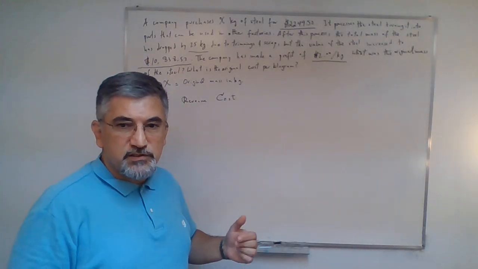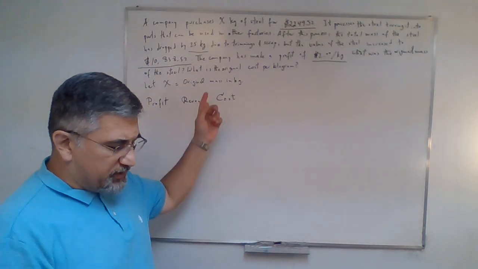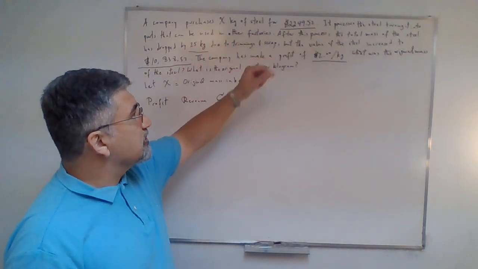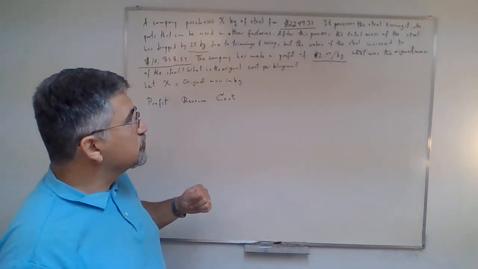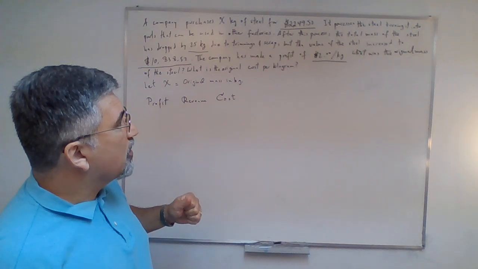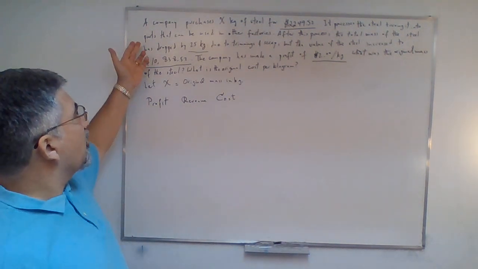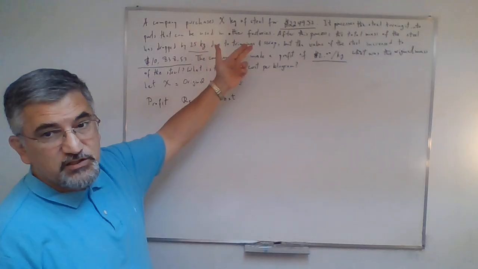This is another example here. It says a company purchases X kilograms of steel for $2,249.52. It processes the steel, turning it into parts that can be used in other factories.